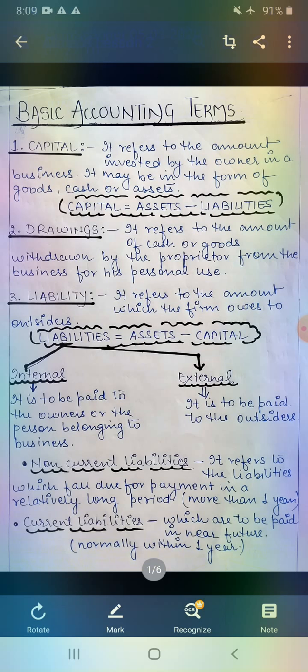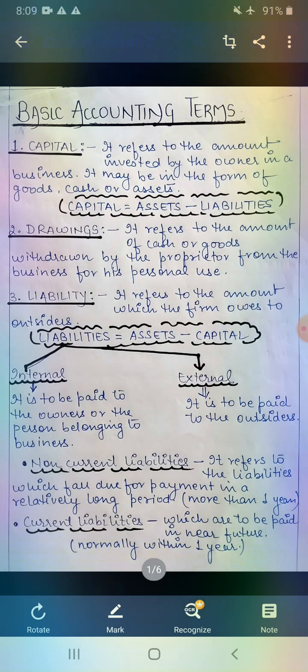Like a loan taken from the partners of the business is an internal liability, but a loan taken from a bank is an external liability.